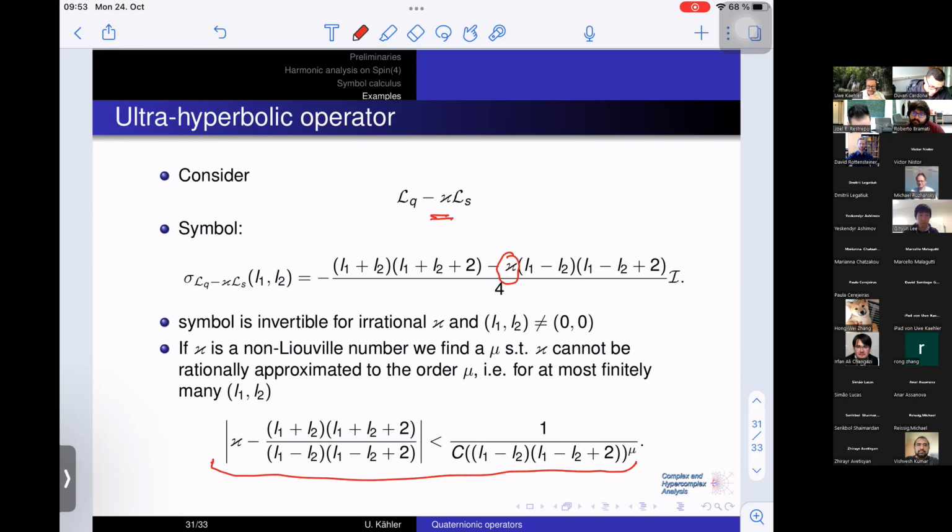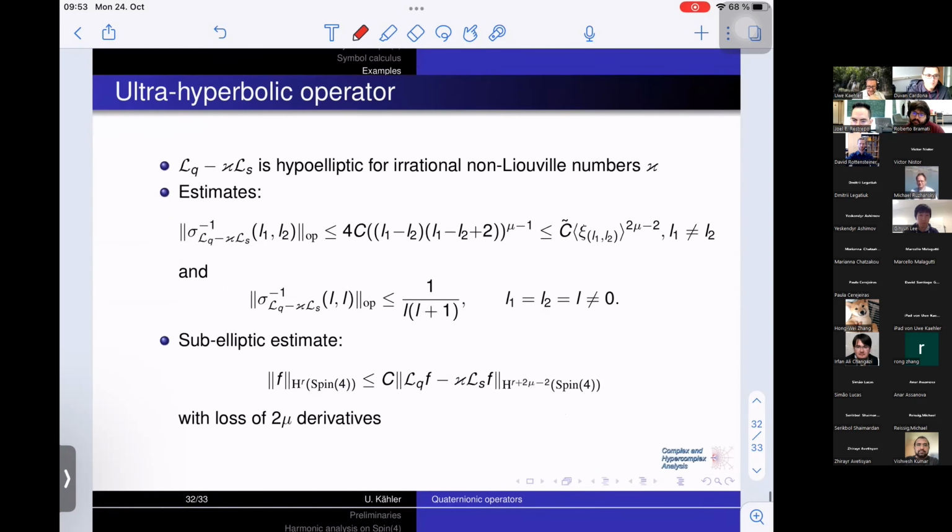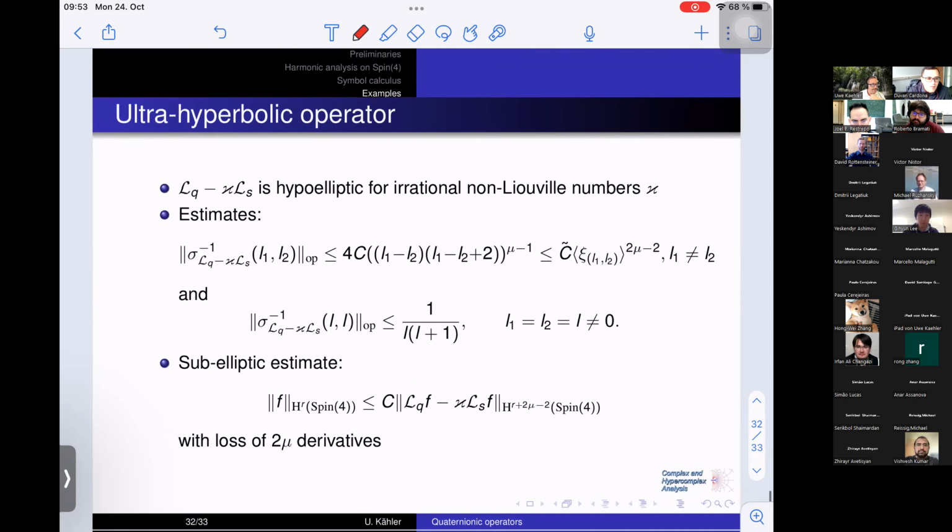That gives us something that we can simply say: the operator is hyperelliptic for irrational non-Liouville numbers. You need an irrational number, non-Liouville, and then it's hyperelliptic. And then, of course, you get the estimates like I have here. And I also get the subelliptic estimate, and as one would expect, the loss of 2 mu derivatives.